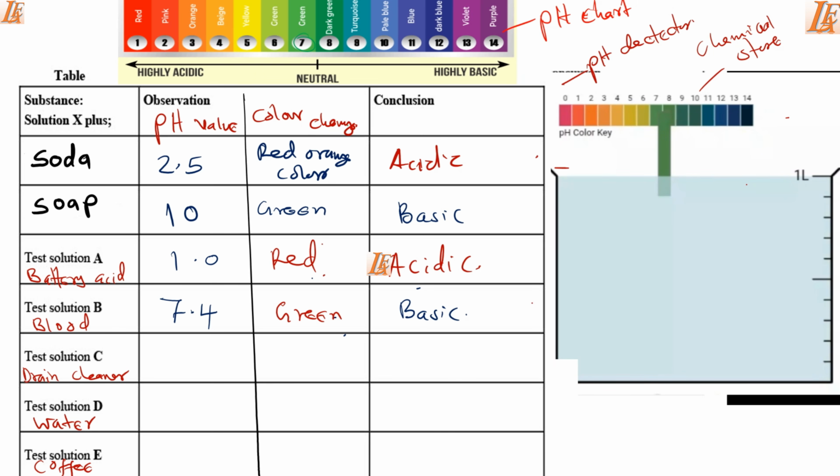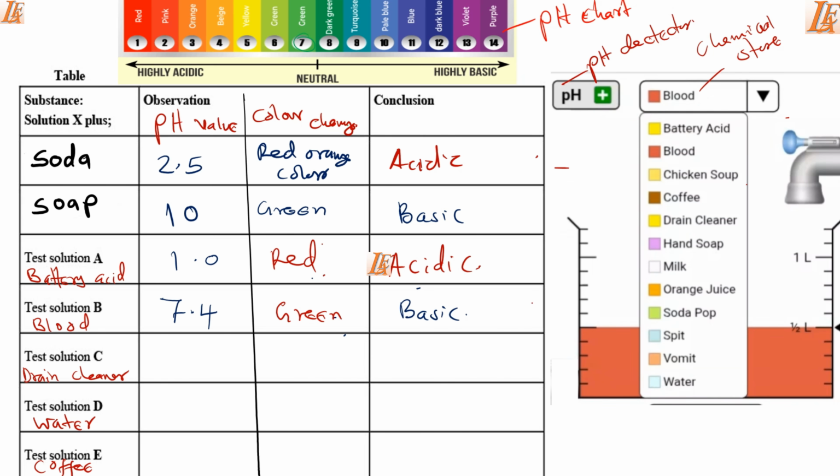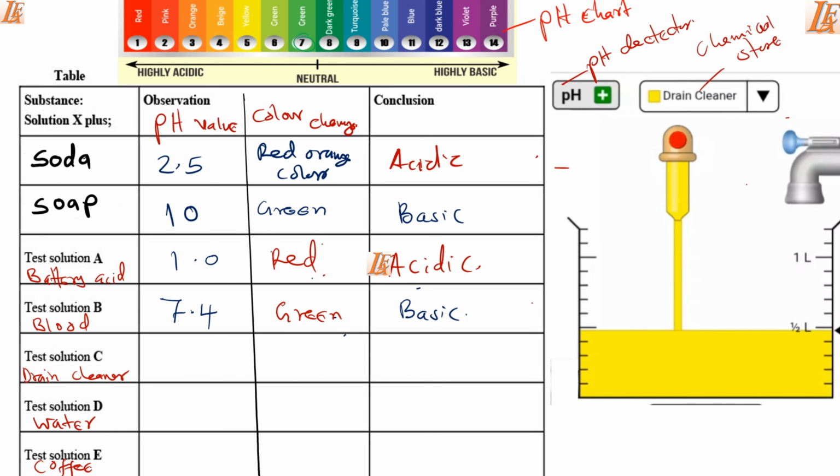Then now in this case, we will also introduce a drain cleaner. If we introduce a pH detector, it will record a pH value of 13.0 for drain cleaner.